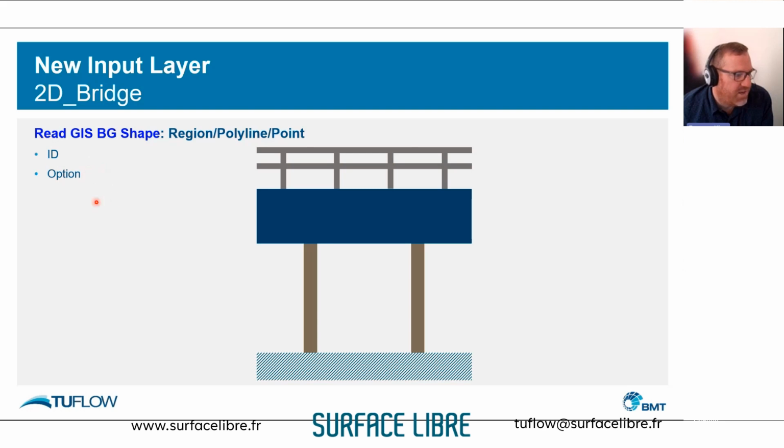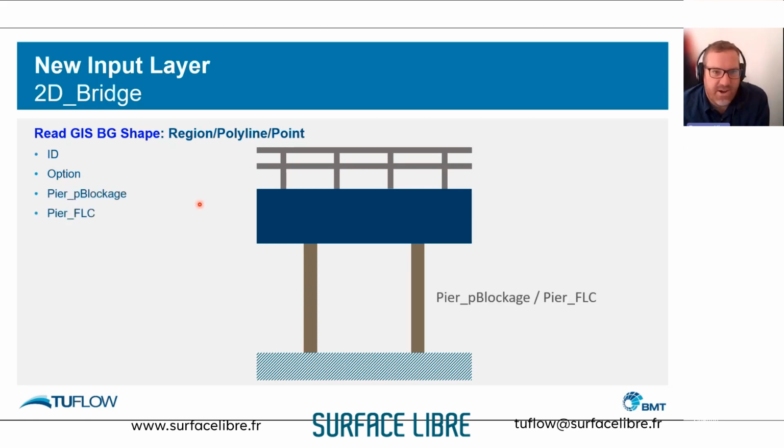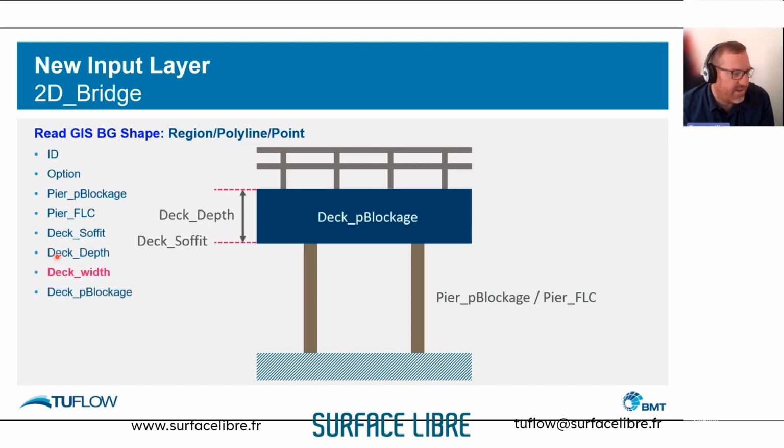We specify our option again of how we deal with the losses, whether we accumulate them, whether we apportion them, or whether we use what's called a method C approach. Again, we specify the pier blockage or the pier form loss coefficient, but this time it's explicitly stated as piers. So it doesn't say layer 1, layer 2, layer 3. It says pier, and then it says depth.